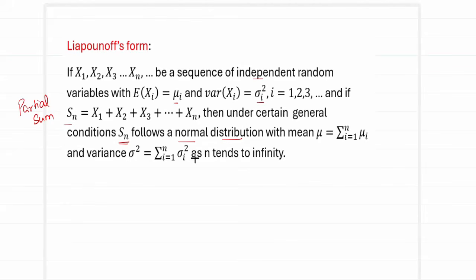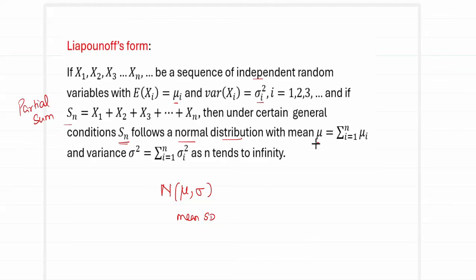A normal distribution has two parameters, the mean and the standard deviation, which is represented as sigma. So what is the mean of Sn, in which case it follows a normal distribution?